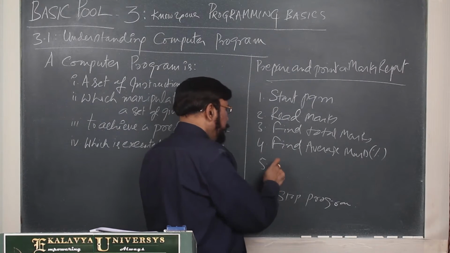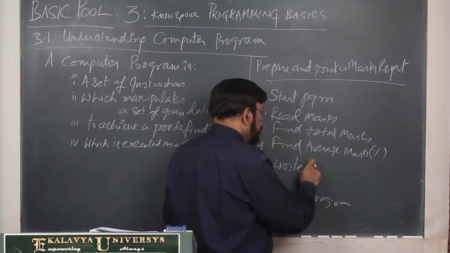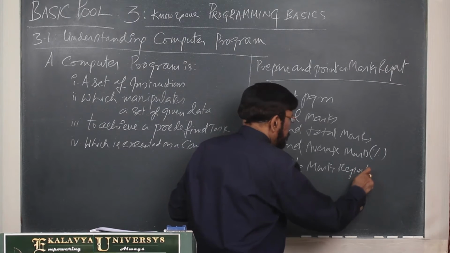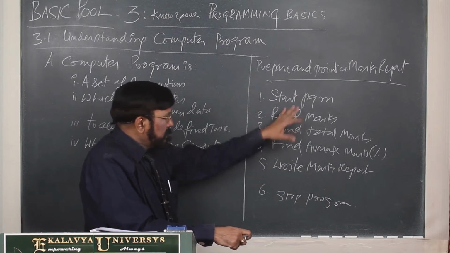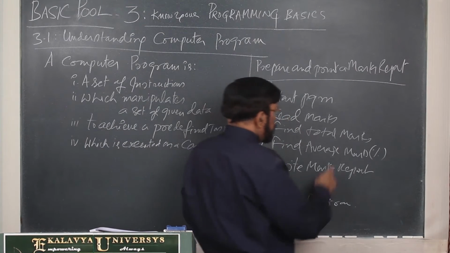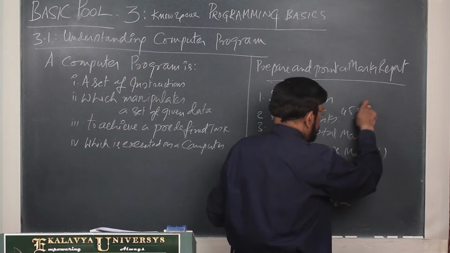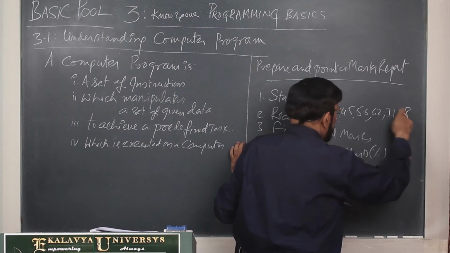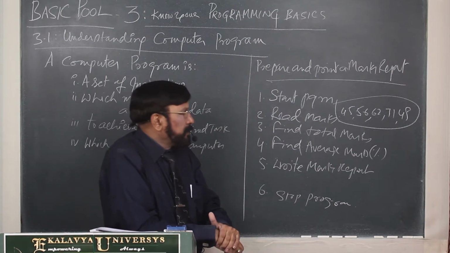Thereafter, display, or otherwise, write marks report. Now stop program. Now task is over. Actually, as far as reading marks are concerned, we give data 45, 56, 62, 71, 49. These are the marks.